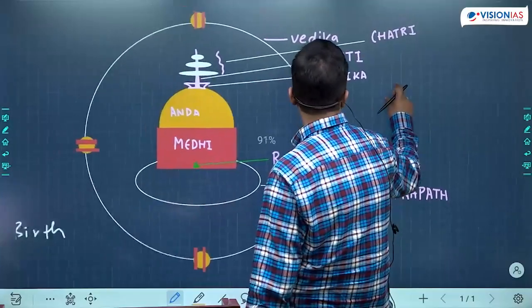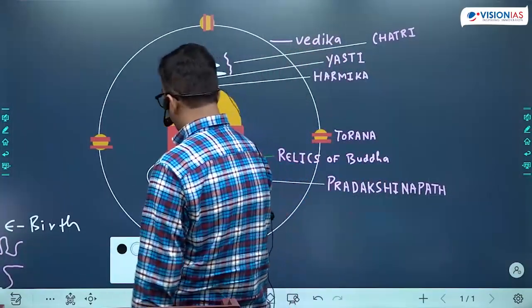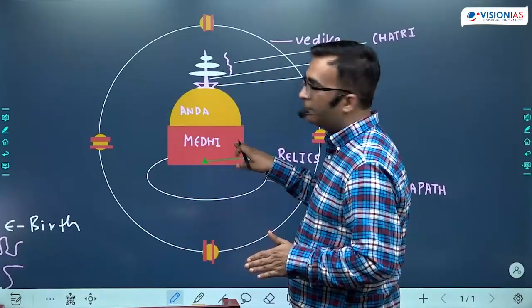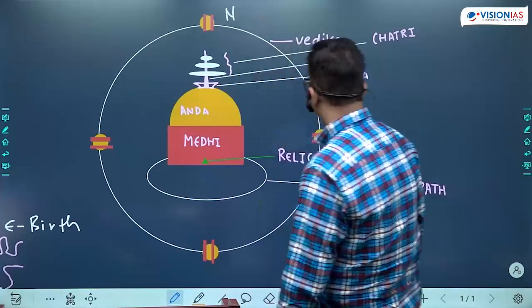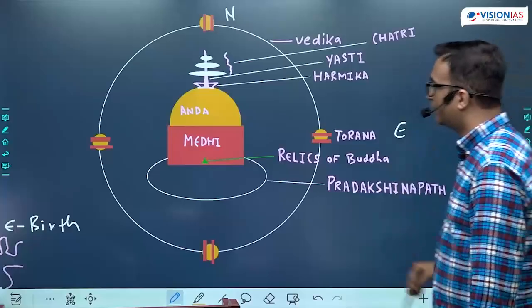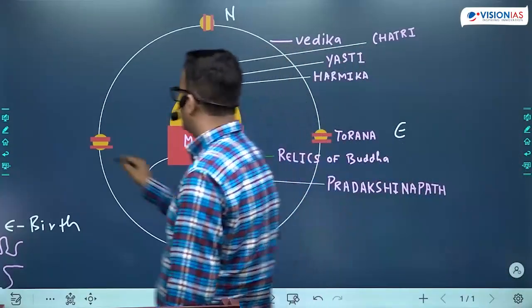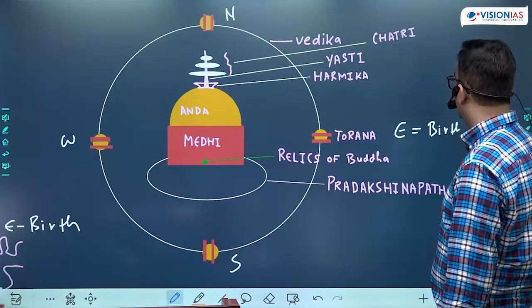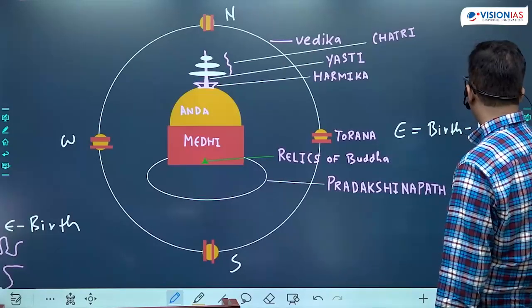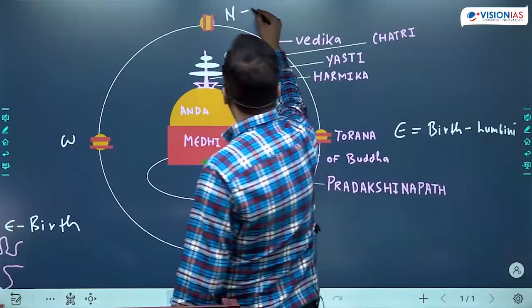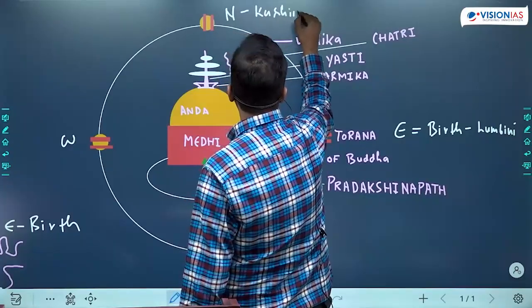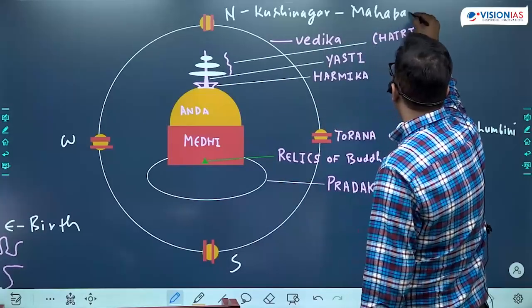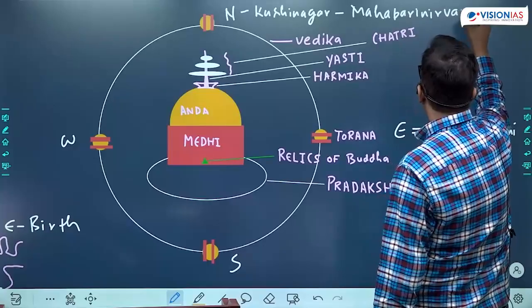In this one, tell me, which gate is north? North, this is east, this one south and west. East is birth, and the place is Lumbini. North is Kushinagar, and the event is death. Death in Buddhism is called Mahaparinirvana.